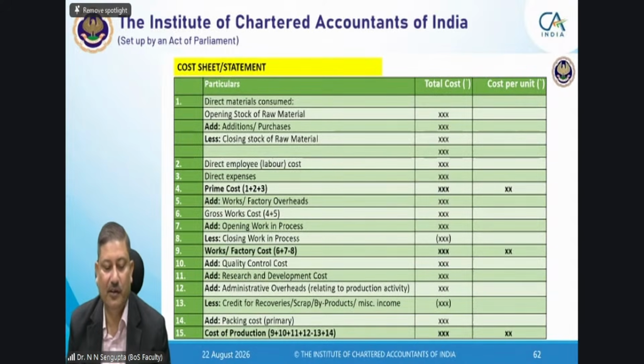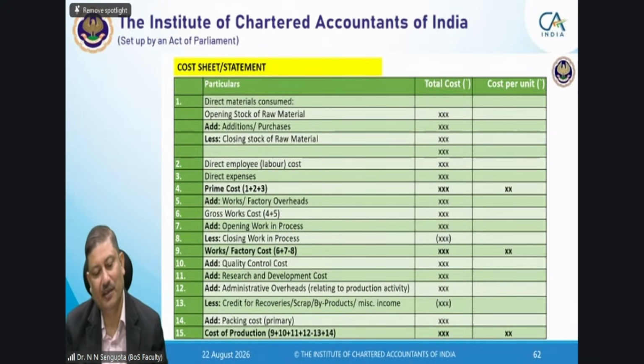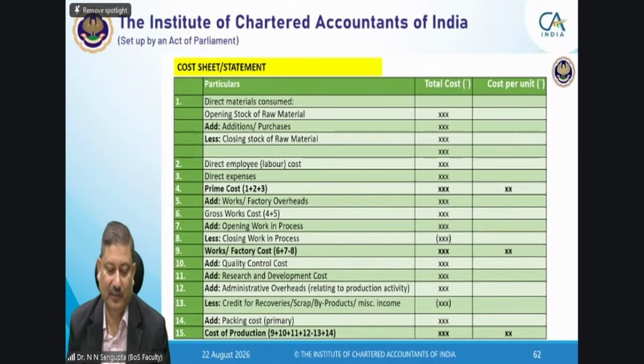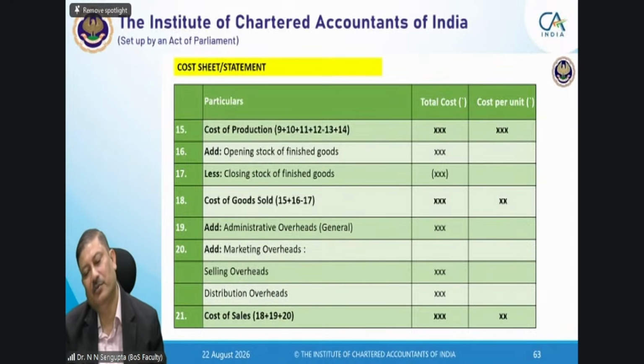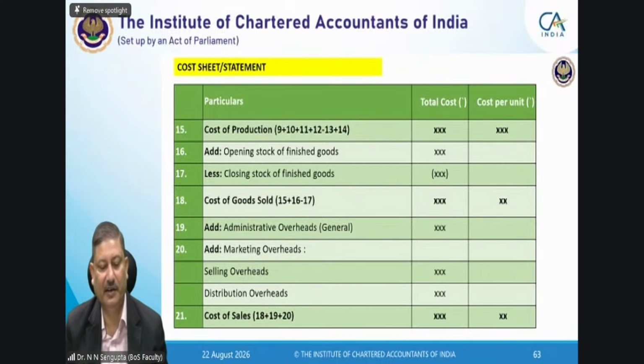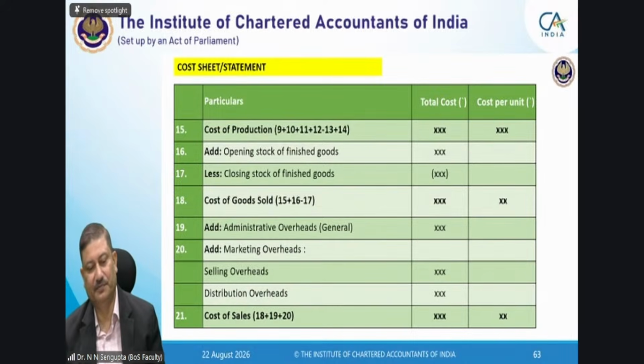Add R&D, quality control, administrative, or less sale of scrap, then you get the cost of production. With cost of production, add opening stock and less closing stock, cost of goods sold. Add administrative overhead, marketing overhead, selling overhead, distribution overhead, cost of sales.